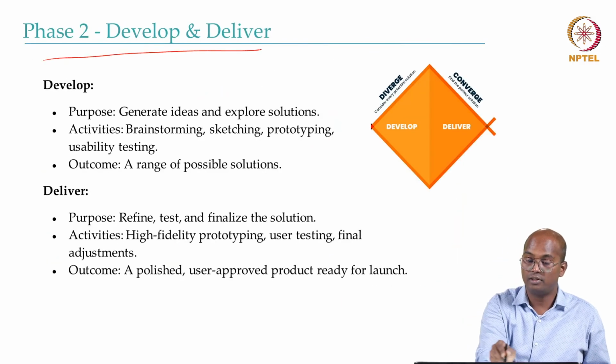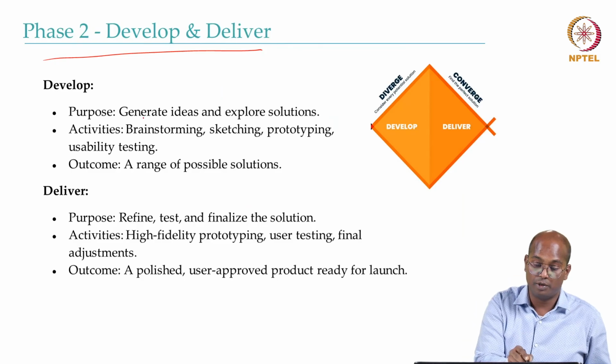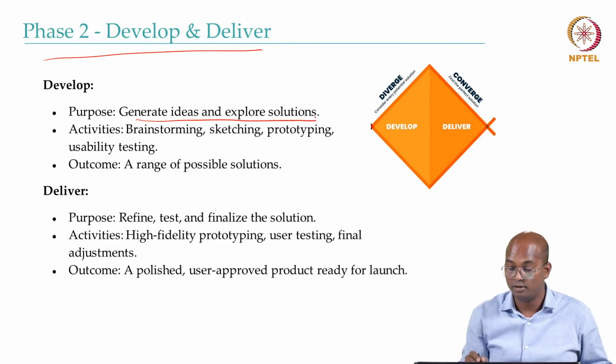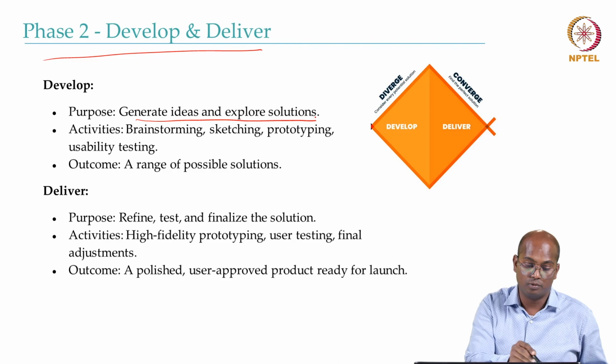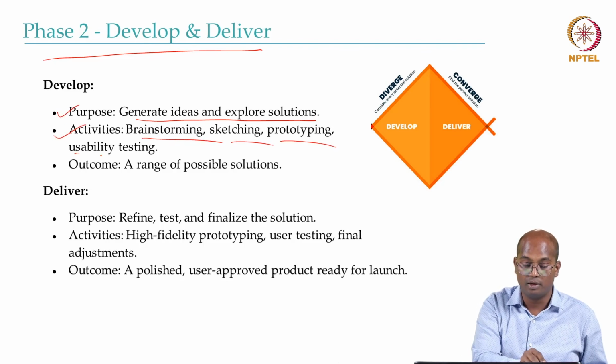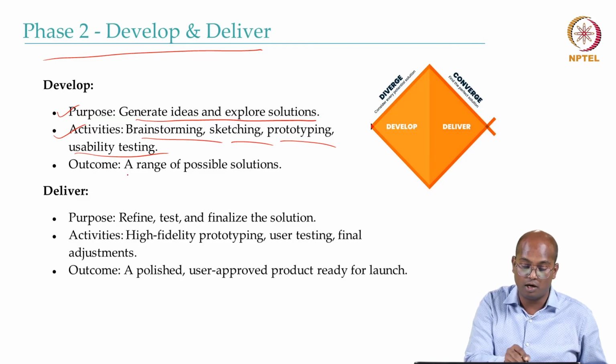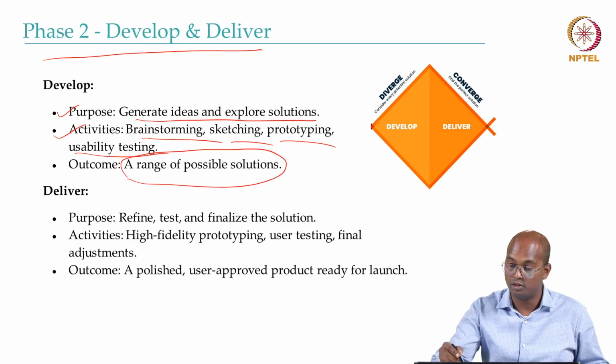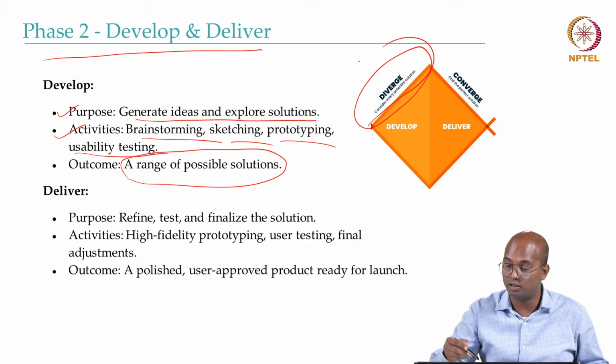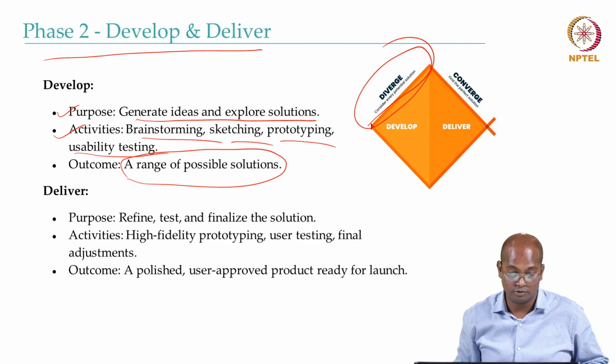The next phase is develop and deliver. The purpose is to generate ideas and explore solutions. There are several activities through which you can do so: brainstorming, sketching, prototyping, and usability testing. And finally, the outcome will be a range of possible solutions. So that is considering every potential solution as part of the develop phase, that is the divergence phase.